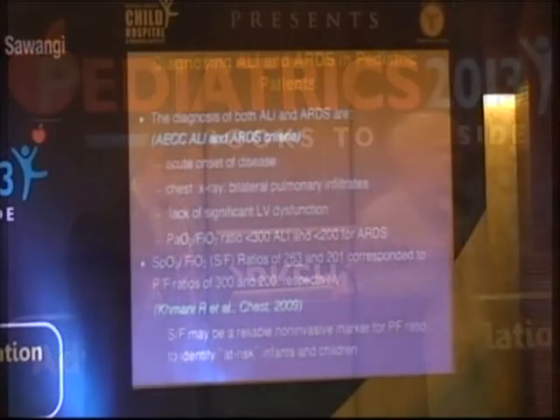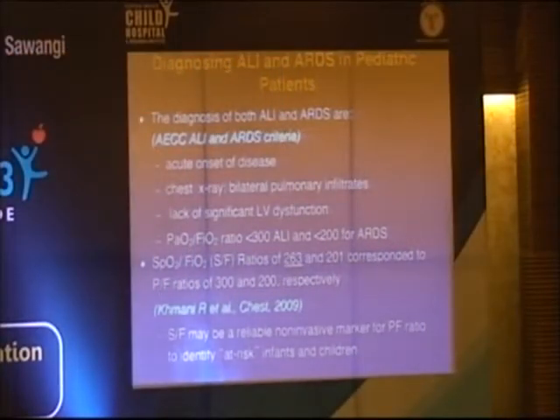So remember, if you're going to use these definitions where you employ saturation instead of PaO2, you need to wean the oxygen enough so that the saturation is less than 97%.